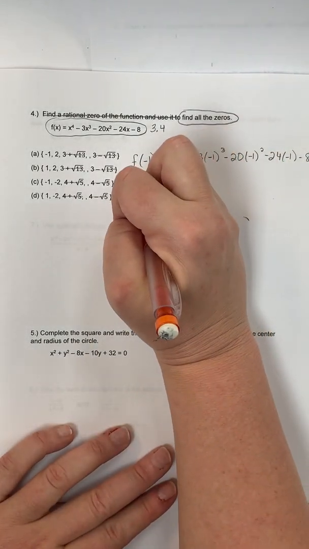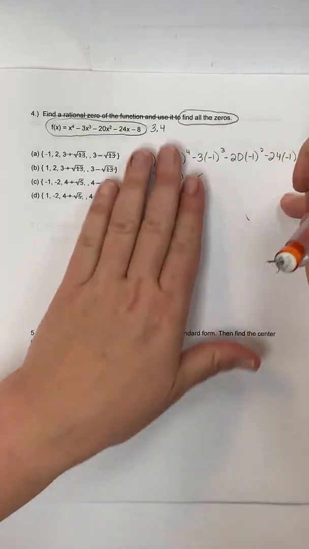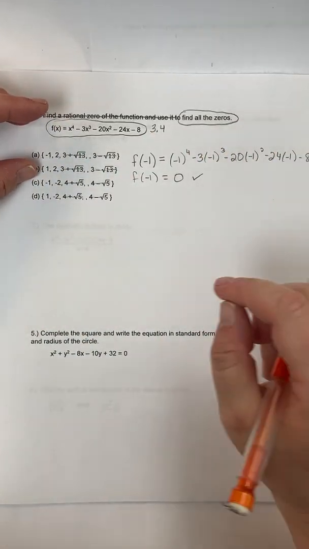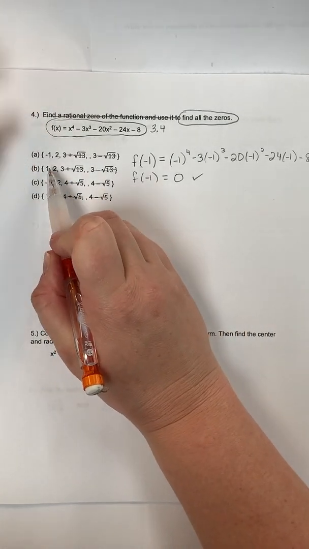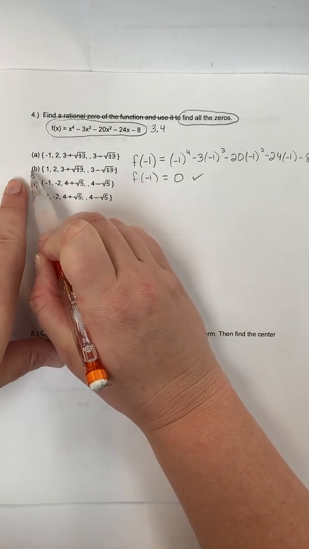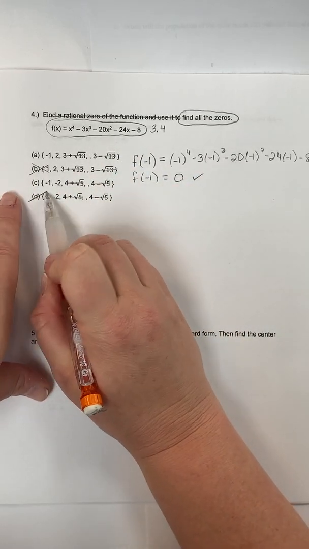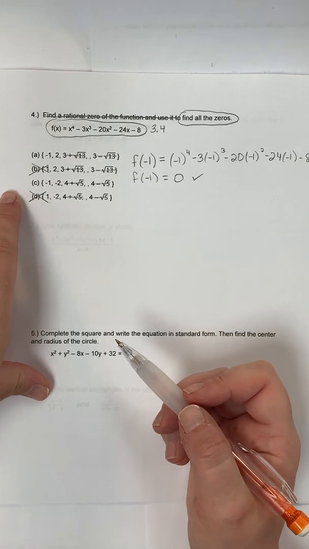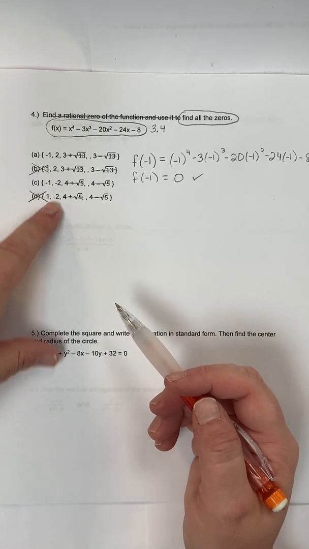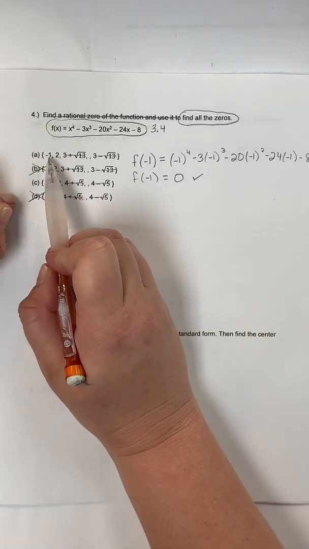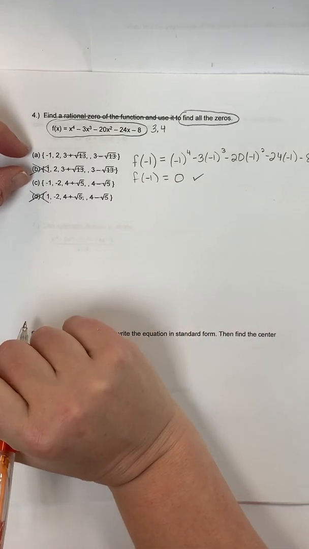Be careful with that negative. Guess what you come up with? 0, which means negative 1 is in fact a solution. So I don't want B because B doesn't have a negative 1, and I don't want D because D does not have a negative 1. I've already cut my answer choices in half. Negative 1 works, and those are the only 2 that contain negative 1.